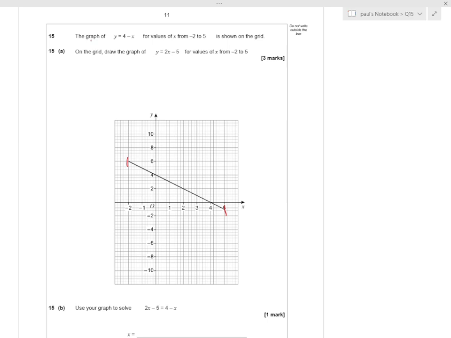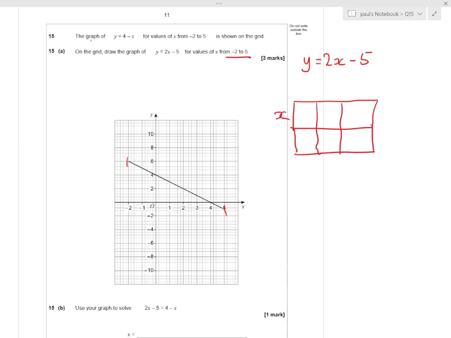Now, on the grid, draw the graph of y equals 2x minus 5 from the values of -2 to 5 again. So this is where we use our table. So we have x, we have y, 1, 2, 3.